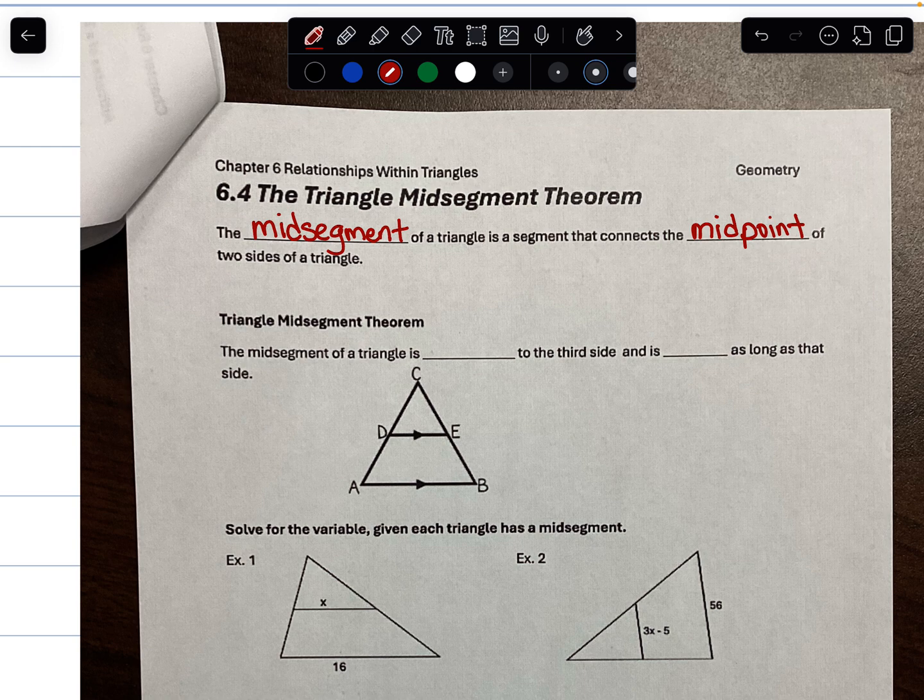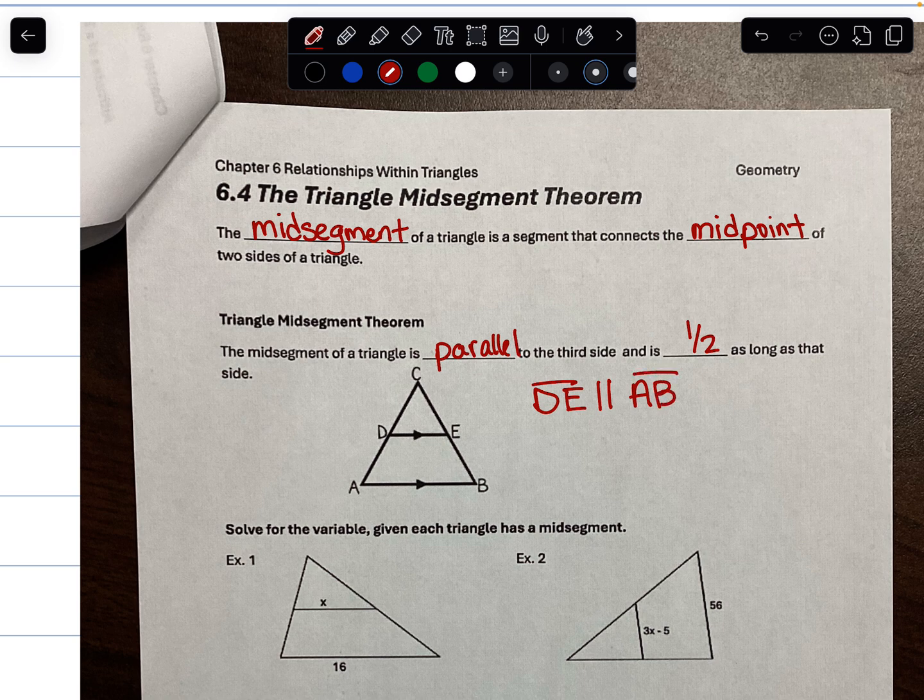The midsegment of a triangle is parallel to the third side, and it's half as long as that side. Okay, so if this is the midsegment, DE is parallel to AB.